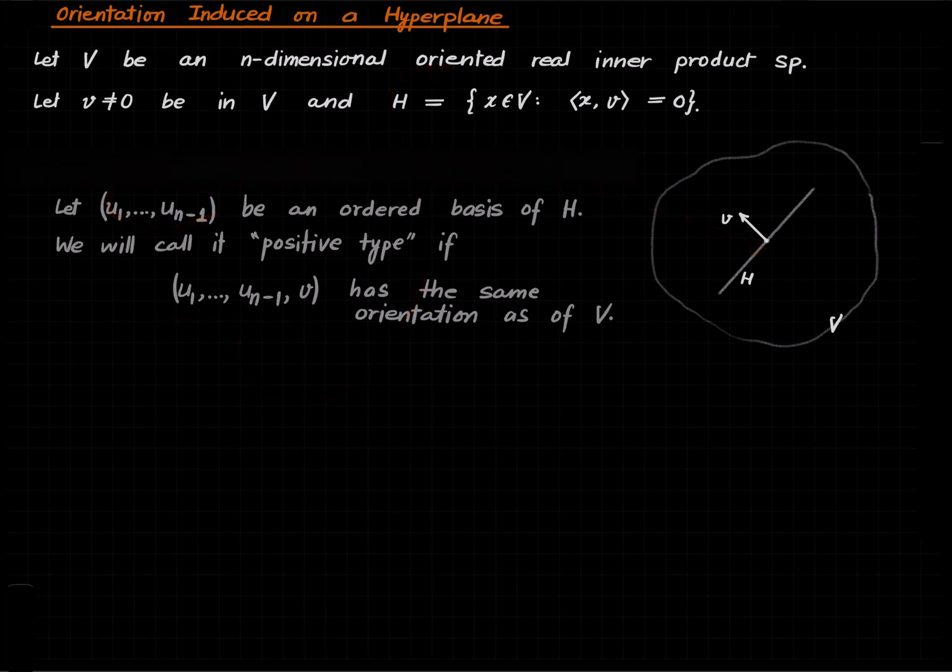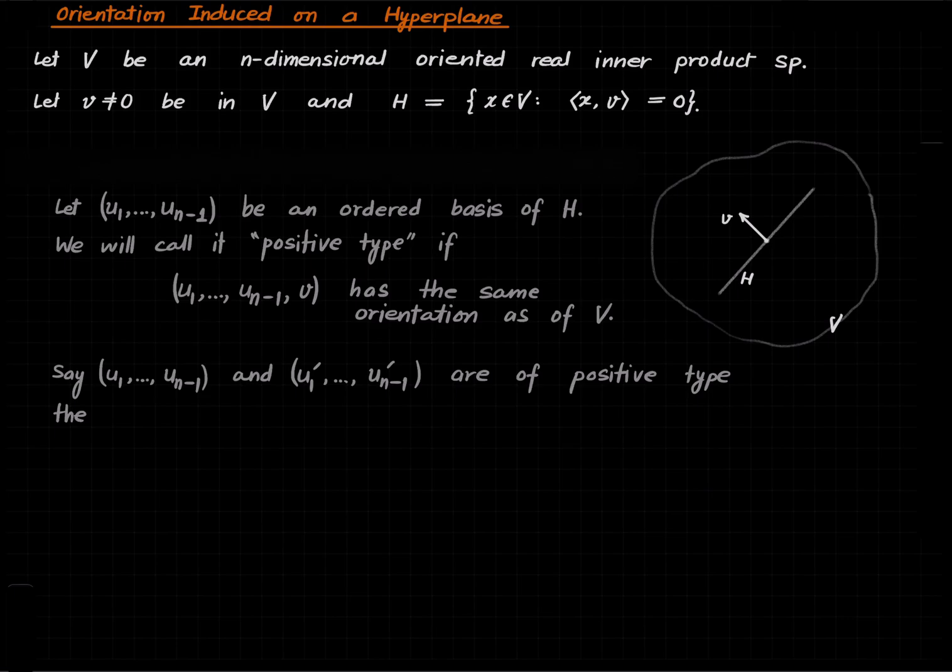Okay? Suppose you choose two different bases of positive type, say u1 up to un minus 1 and u1 prime up to un minus 1 prime. Then they have the same orientation.